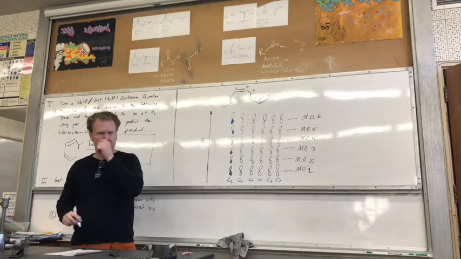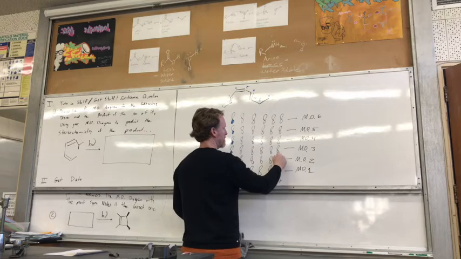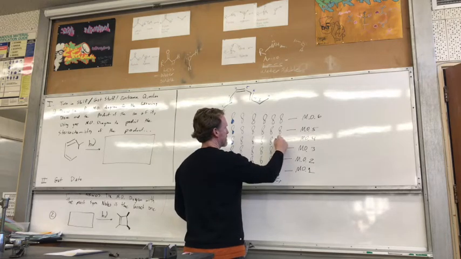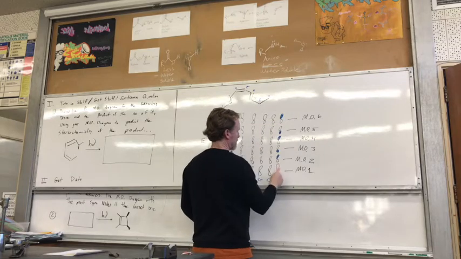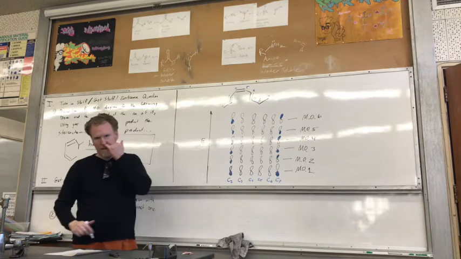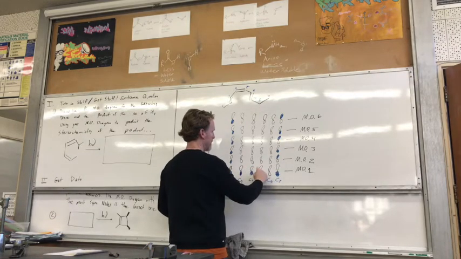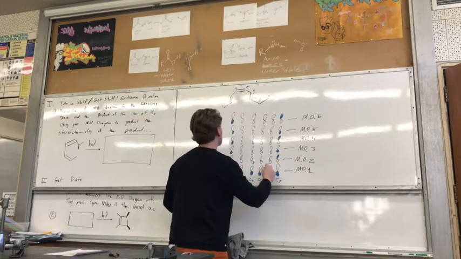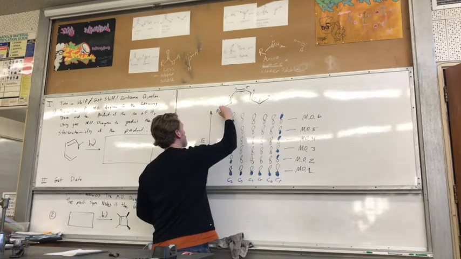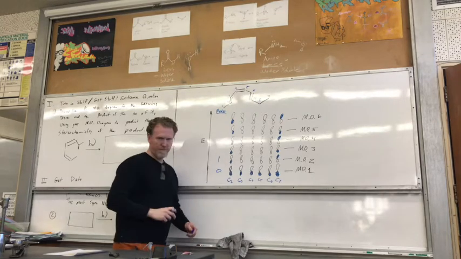That side's done. Next side, it's going to be symmetric across the bottom, so I'll shade the bottom, top, bottom, top, and so on. And then the lowest one is going to be all in phase. How many nodes? 0 nodes. This one's going to have 1.